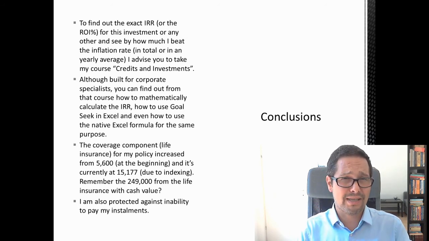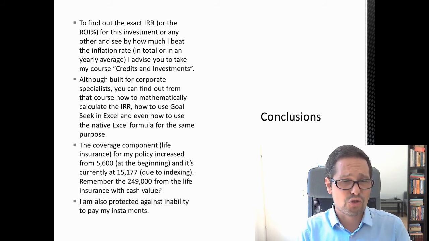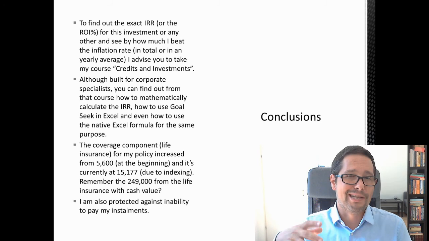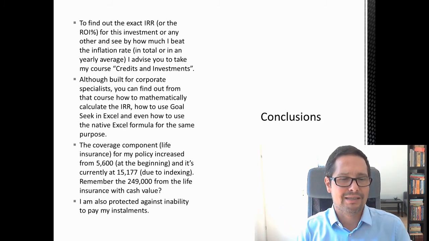Then I told you that I have a coverage component, so a life insurance. At the beginning, when I started, the initial installment, so initial premium, was 5,600, and of course it got indexed, because my installment is now almost 3 times more than that, if you remember the chart that I showed you.